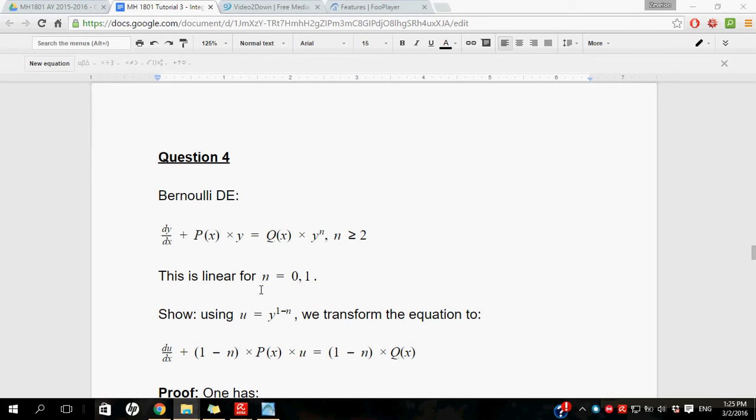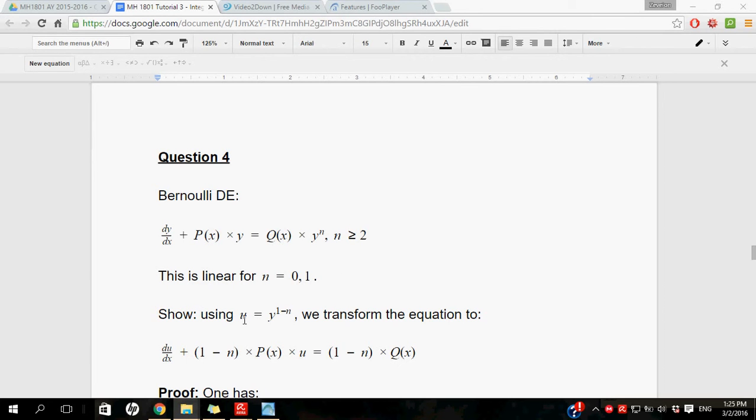We understand that the equation is linear for n equals 0 or 1, and we could solve it via some of the techniques that we know of, such as separation of variables and integrating factors. But let us focus on the case when n is greater than or equal to 2.